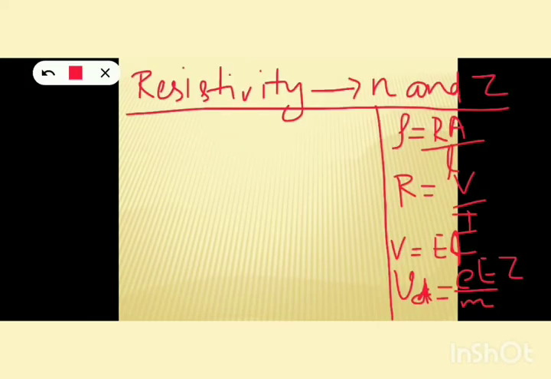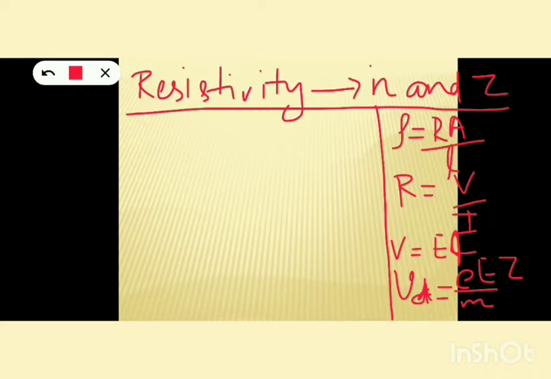So children, next let's find out an expression for resistivity in terms of number density N and relaxation time tau. So what is resistivity?